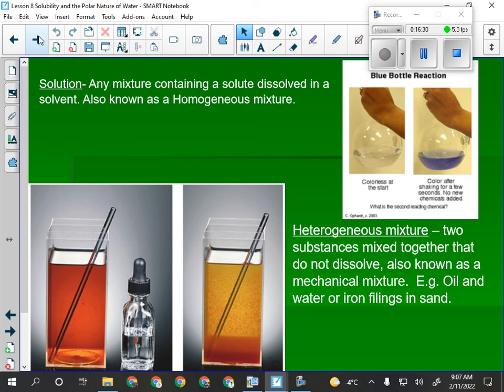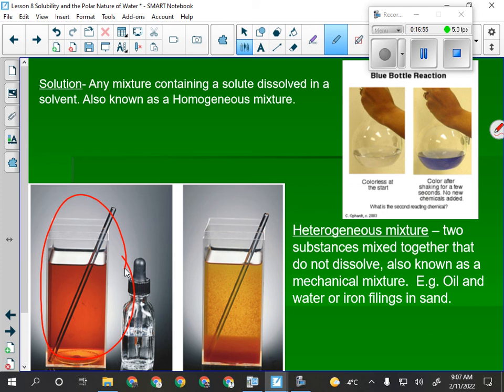The other kind of thing we can have is a heterogeneous mixture. So a solution where something is completely dissolved looks like this on the left. This thing here on the left has only one visible part. And that's what homogeneous means. The prefix homo means one or singular.